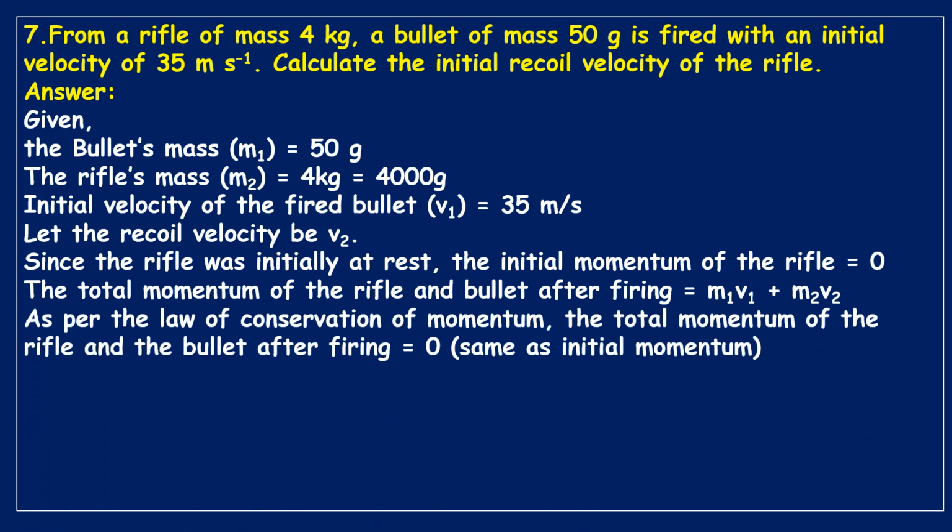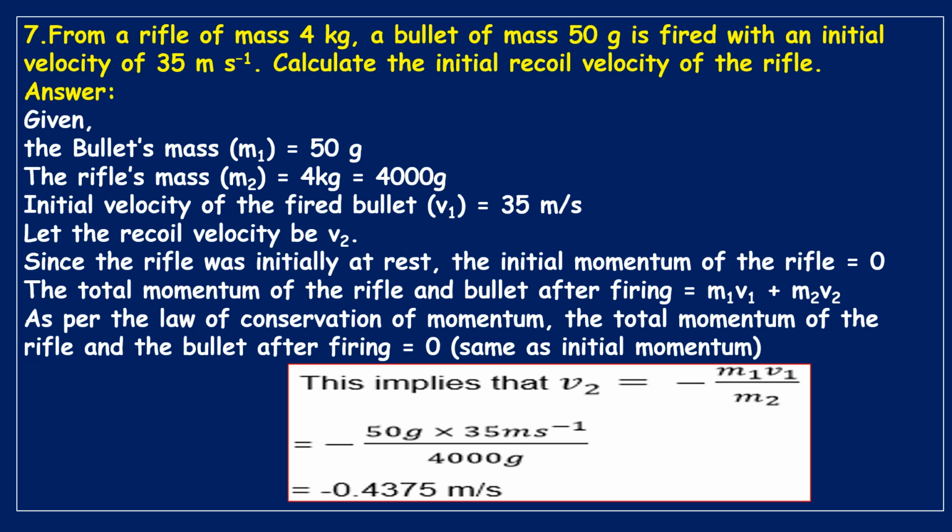Now, as per the law of conservation of momentum, the total momentum of the rifle and the bullet after firing is zero, same as the initial momentum. If you substitute those values in this formula, m1 is given as 50, v1 is given as 35, plus m2 is given as 4000, and v2 we have to find. Since the initial momentum is zero, the total momentum of the rifle and the bullet after firing is zero.